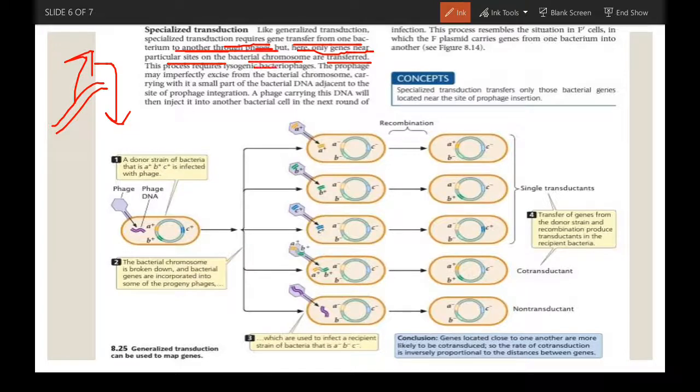This happens in lysogenic bacteriophages. Generalized transduction occurs in the lytic cycle, whereas specialized transduction occurs in lysogenic cycles. In this picture, you can see the phage here, and it transferred its DNA, the purple colored, and the bacterial chromosome has A plus, B plus, C plus, meaning it can produce whatever protein or amino acid these alleles produce.